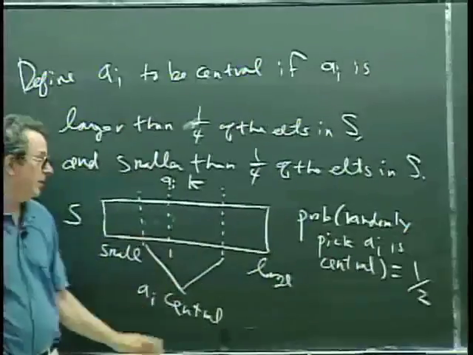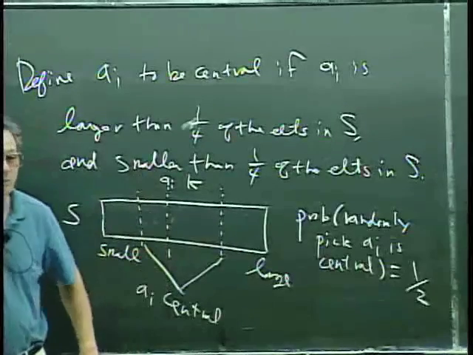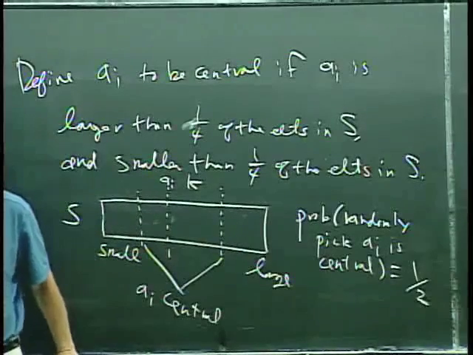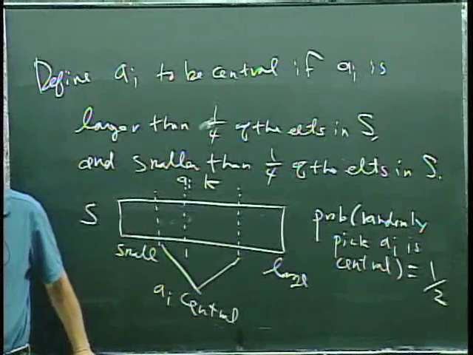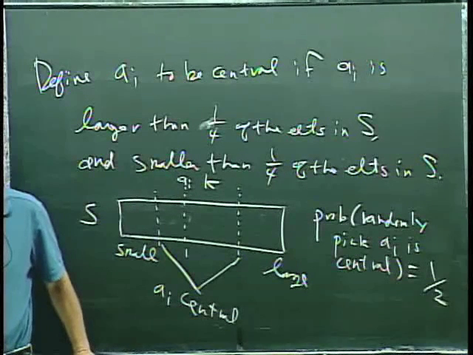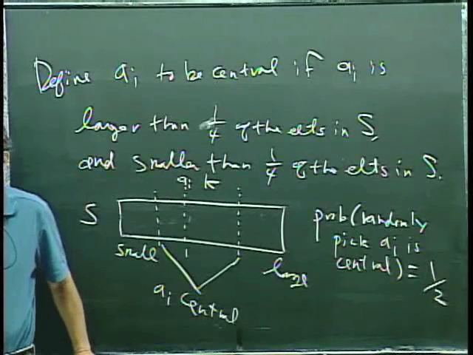Okay? So if it's central, what can you say about how many elements you're getting rid of? That is, how much smaller is the set that you're recursing on than the set you're working on? Yeah? It's at most going to be 3/4 of S?